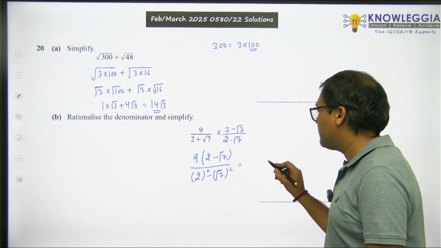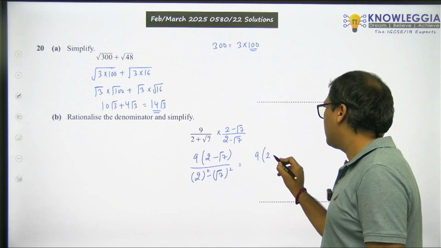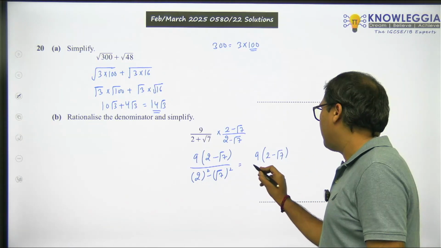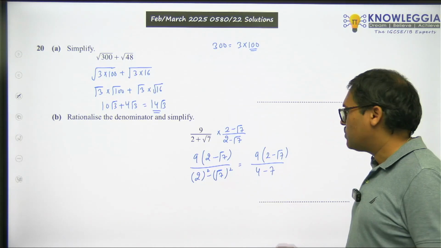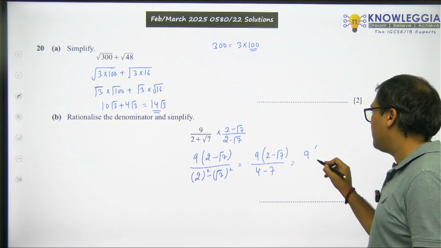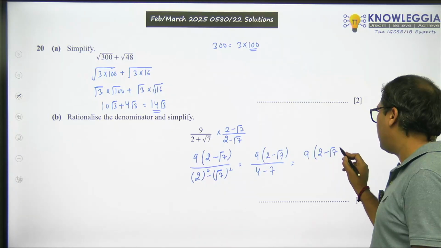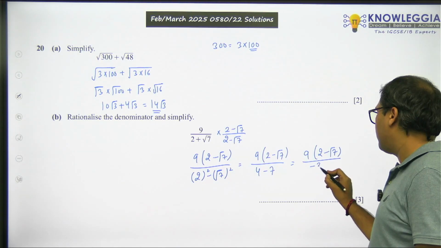So what is this? This is 9 into 2 minus root 7 divided by 4 minus 7. So this is equal to 9 into 2 minus root 7 divided by negative 3.